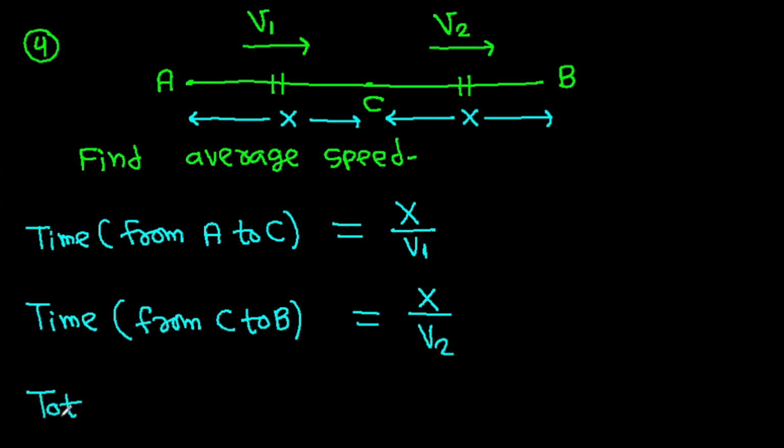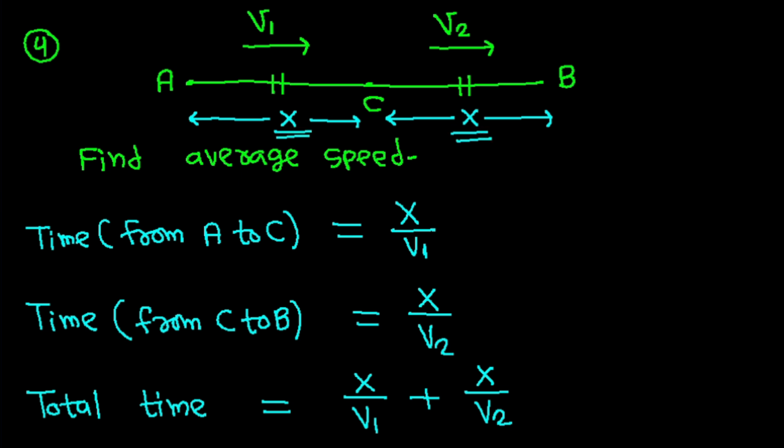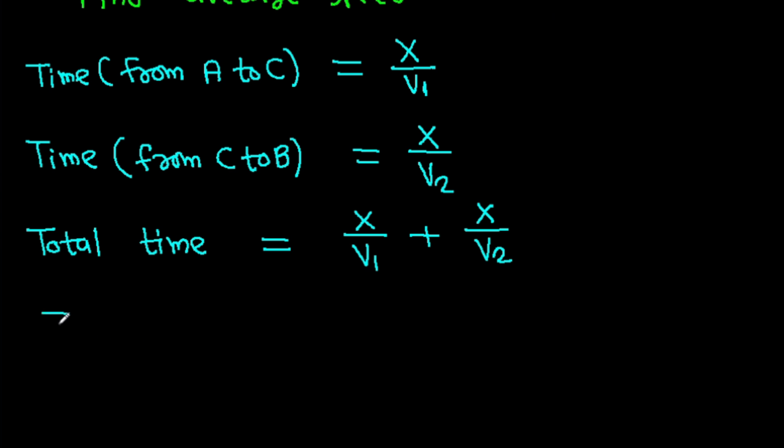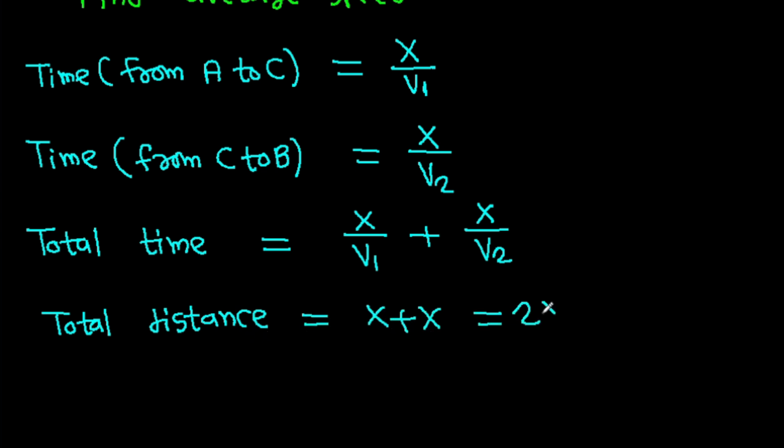So total time is x divided by V1 plus x divided by V2, and total distance is x plus x, that is 2x.